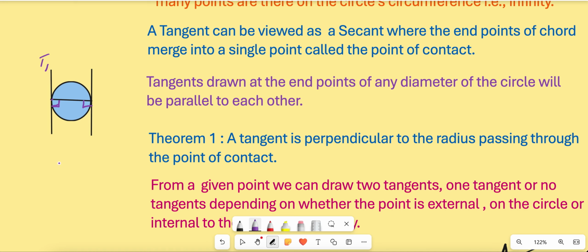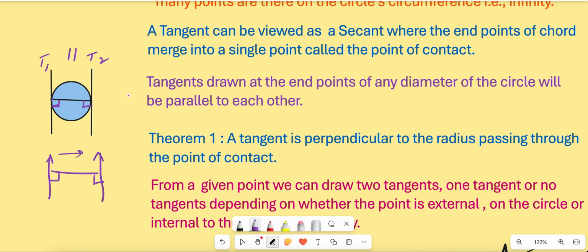So a single line is perpendicular to two different lines. That indicates they have to be parallel to each other, because only then can a single line be perpendicular to both lines. Therefore, T1 and T2 are parallel to each other. Yes, that's how it is proved.